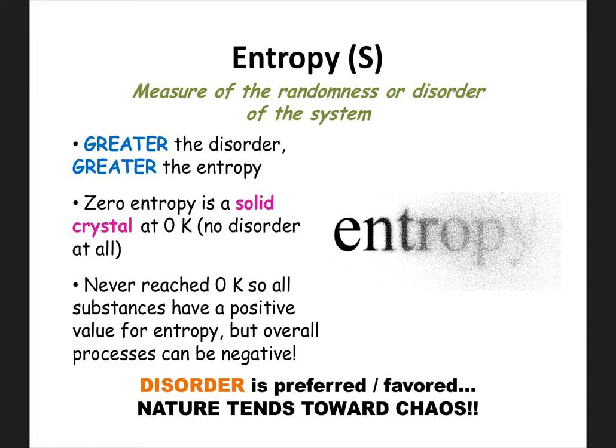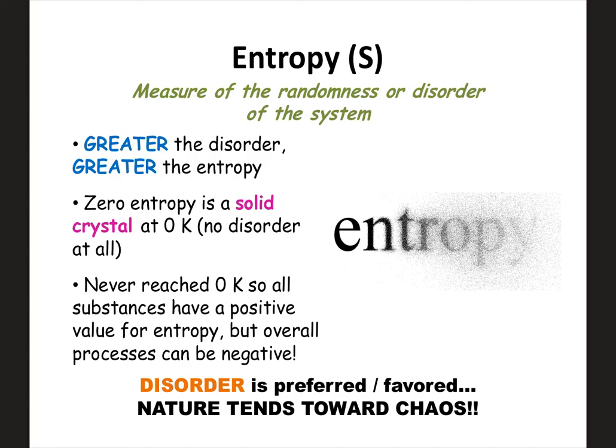Important to understand that you can have a process take place and the overall entropy be negative for the process. But for the individual substances, they will always have positive values, but sometimes a process can take place and the overall entropy of that process can be negative.